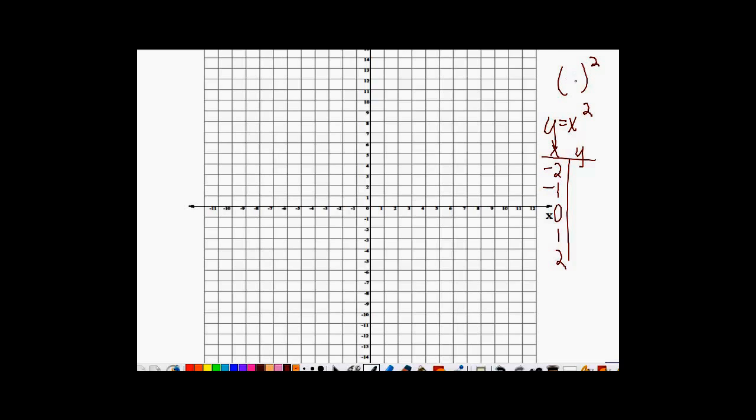So if I put a -2 in here, that's -2 times -2, which is 4. -1 times -1, 1. 0 times 0 obviously is 0. 1 times 1, 1. 2 times 2, 4. So here's what my graph looks like. -2, 4. -1, 1. 0, 0. 1, 1. 2, 4. You should see kind of the basic U shape that you got going on there.